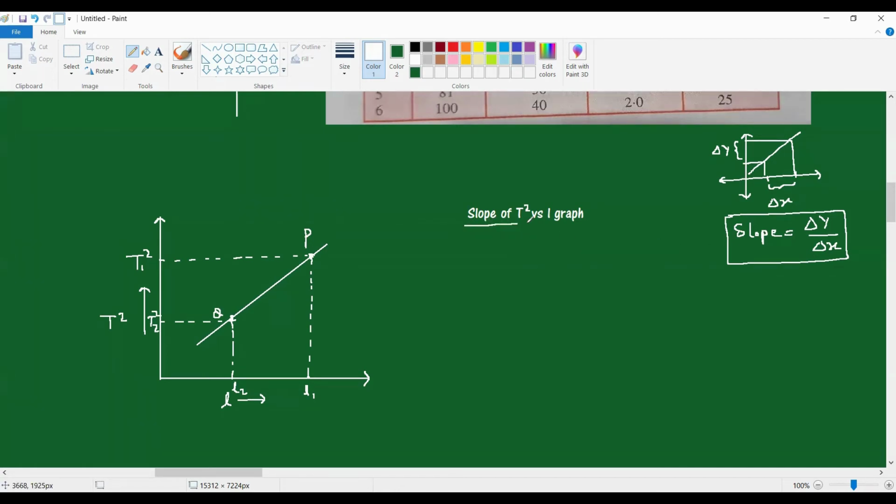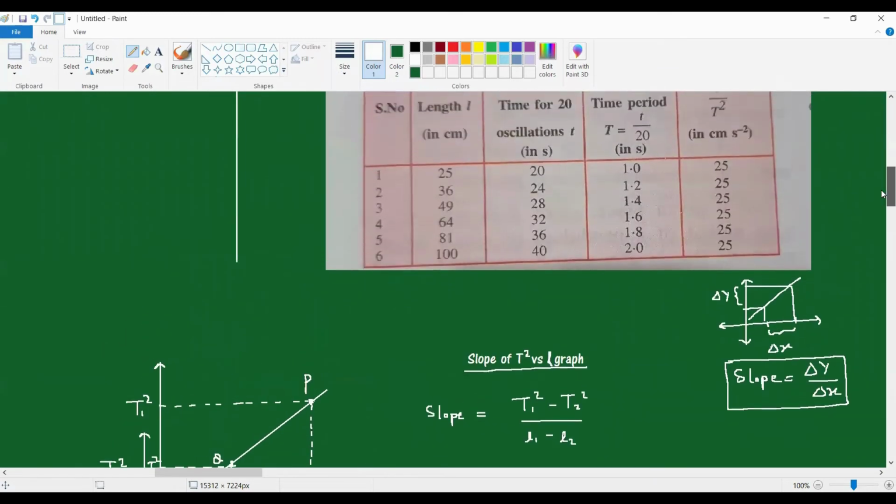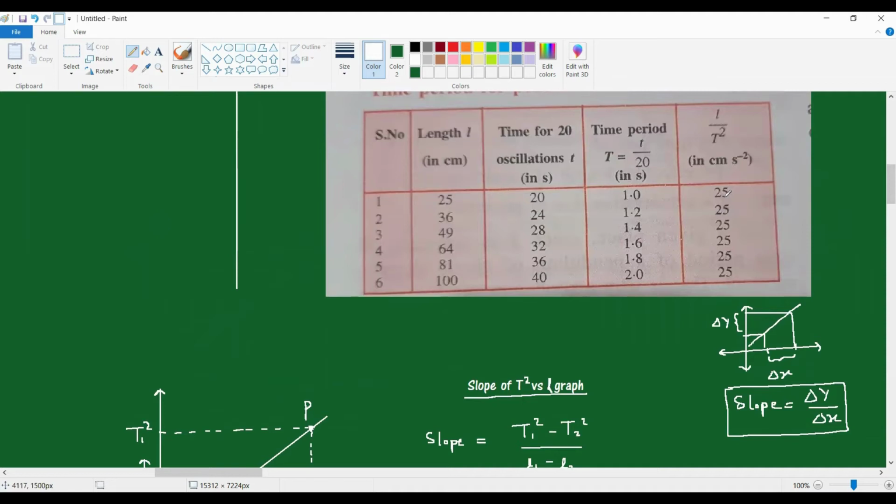Similarly, for the slope of the T square versus length graph, it will be what? Change in y-axis upon change in x-axis. So slope will be equal to T1 square minus T2 square divided by L1 minus L2. Clear? By observations we know that this is constant for a place.